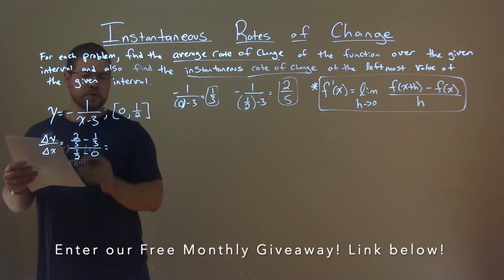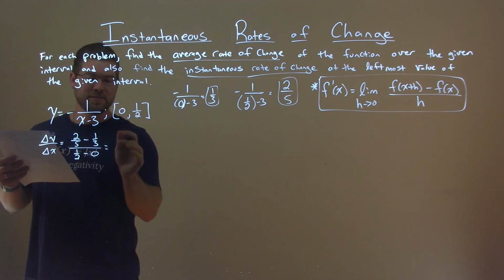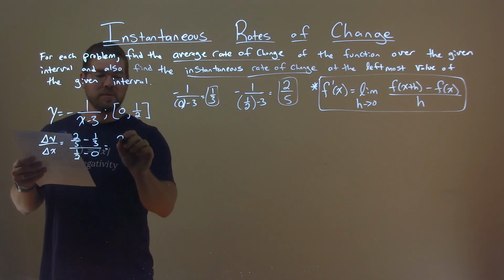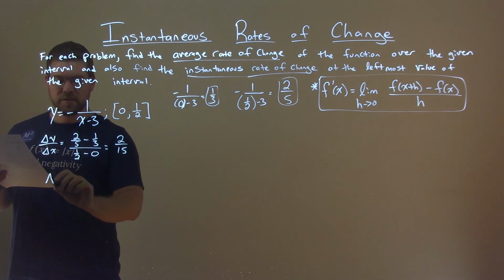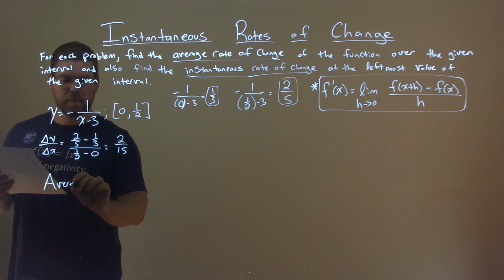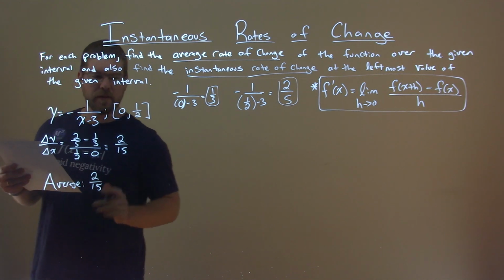Let's do the whole thing: 2/5 minus 1/3 over 1/2 minus 0 comes out to be 2/15. And so our average rate of change is just 2/15.